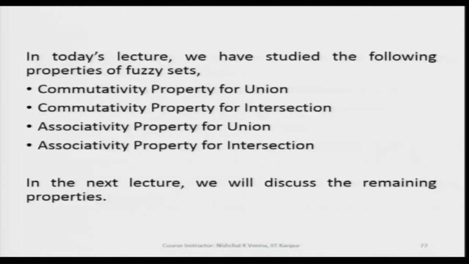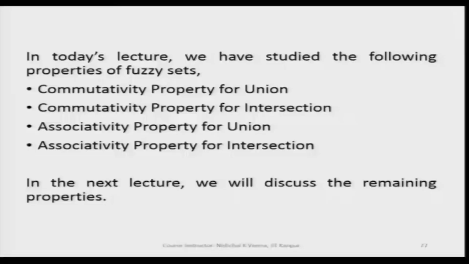So, in today's lecture we have so far covered the following properties of fuzzy sets: the commutativity property for union, the commutativity property for intersection, the associativity property for union, and the associativity property for intersection.